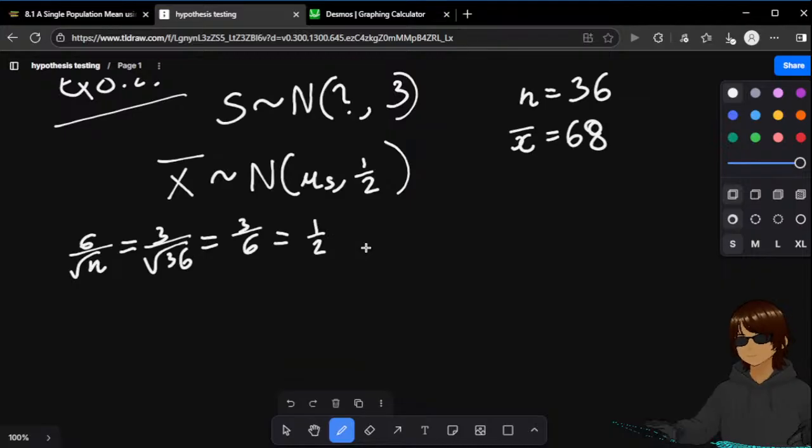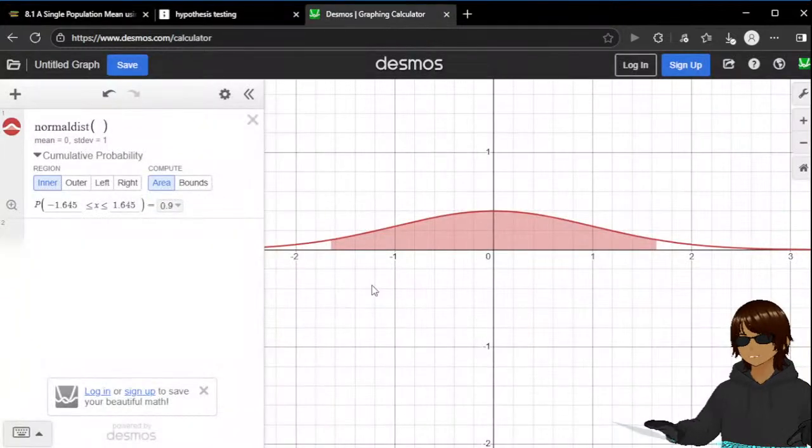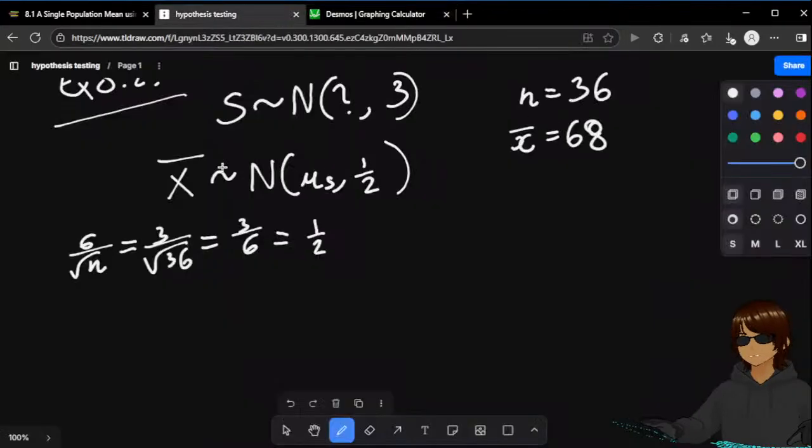What if I take this normal distribution and shift it? So I shift the mean to 68, right? And make it half.